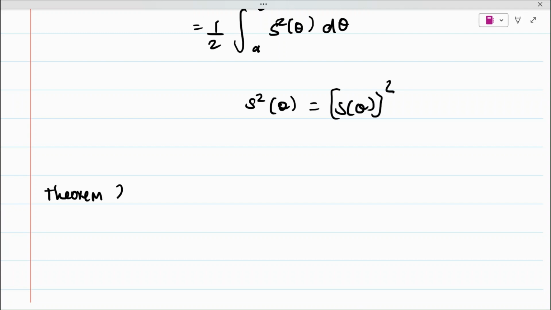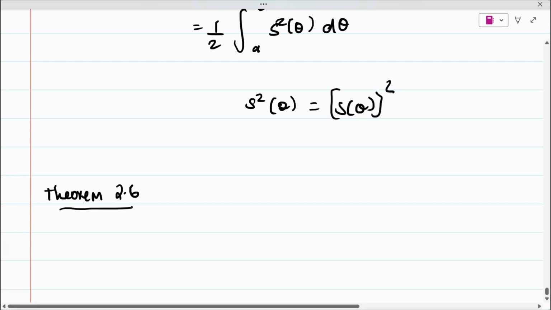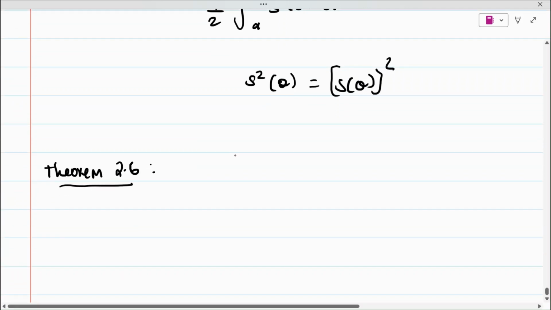Theorem 2.6. Let R denote a radial set of a non-negative function f over an interval [a, b], where b minus a is between 0 and 2π, and assume that R is measurable. If f squared is integrable, you can prove that since it's the radial set of a non-negative function, and so on. If f squared is integrable on [a, b], the area of R is given by a(R) equals half the integral from a to b of f squared theta d theta.